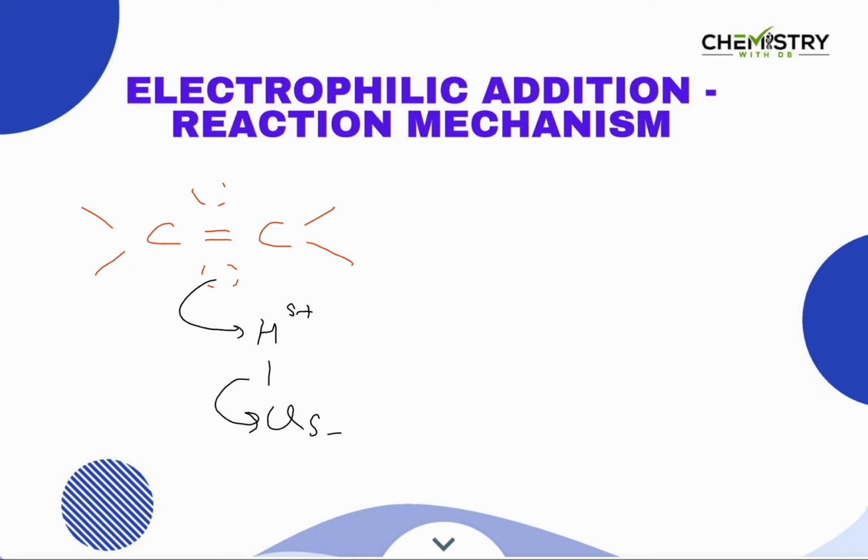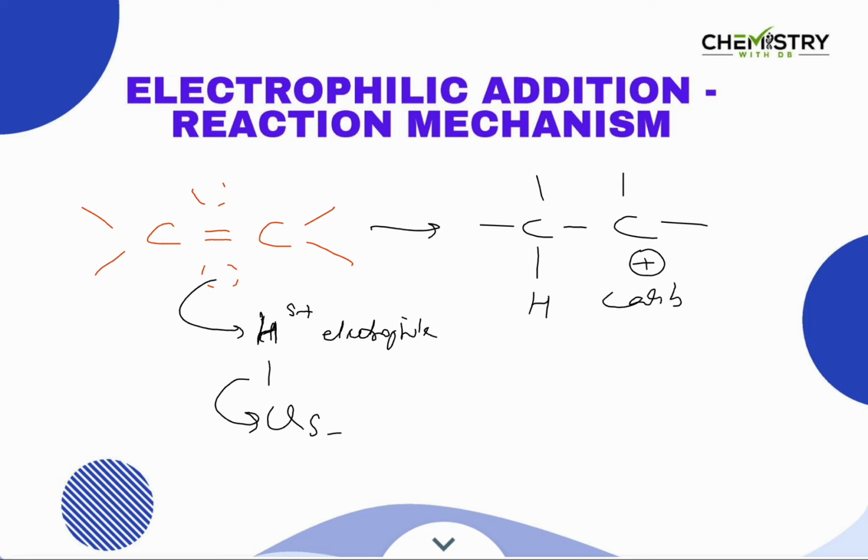So this electrophile is attracted to the electron cloud, the double bond breaks, and this hydrogen, which is the electrophile, joins one of the carbon atoms. Now the other carbon atom is electron deficient, so this becomes a carbocation.